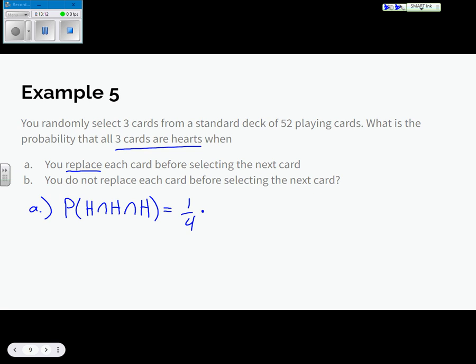I'm going to pull again. Well, if I put that card back in the deck, there's still 52 cards in there, and of those 52 cards, 13 of them are hearts. And I do that again. I have a 1 in 4 chance on each draw to draw a heart, which gives me 1/64, which is like 1.6%. Not very likely to draw 3 hearts.